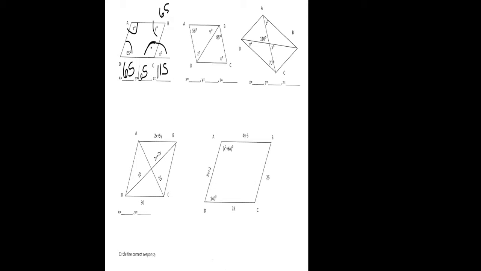Looking at these angles in the middle question, if we've got that parallel line, that transversal, if that angle is 85, Z's got to be 85.